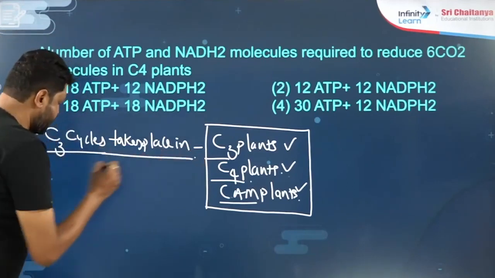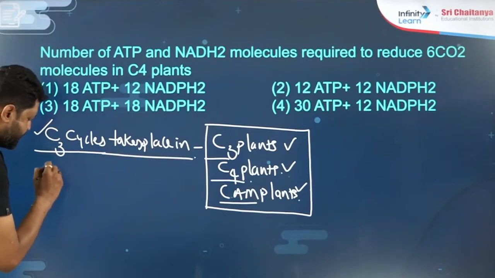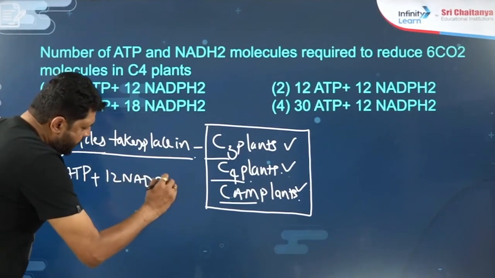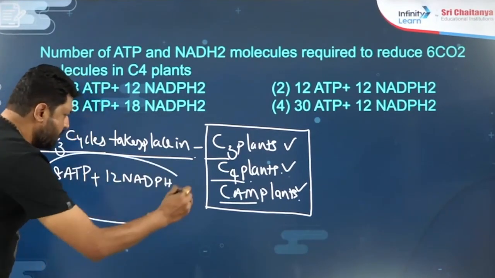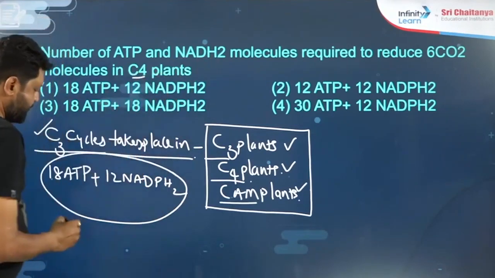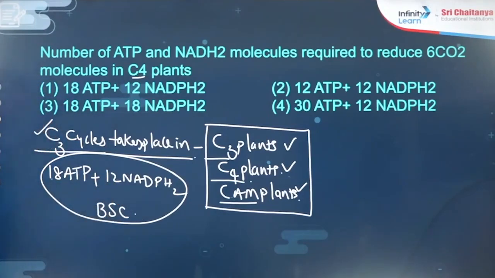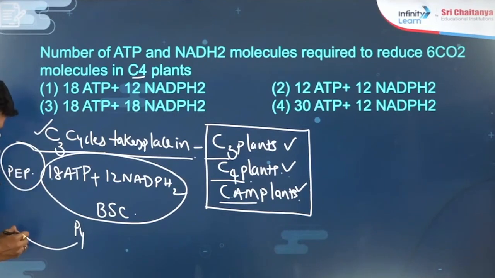Just now we revealed that for the C3 cycle, 18 ATP plus 12 NADPH2 is required. So he is asking about C4 plants. In C4 plants, this is required in bundle sheath cells. Now the pyruvic acid produced on oxidative decarboxylation of malic acid has to move to mesophyll cells. Pyruvic acid has to be converted into phosphoenol pyruvic acid. For this, 12 ATP are required.